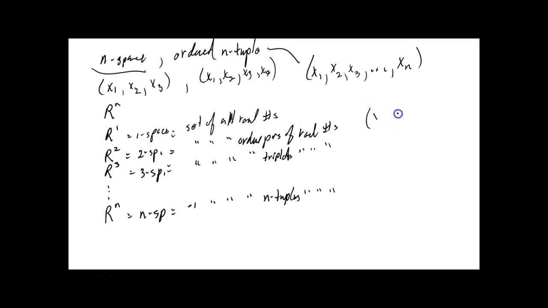That would be in 3 space. If you just see something like that, your first assumption would be that it is a point in space. Unless there was something that indicated to you it was something other than a point in space, you assume it's a point in space.